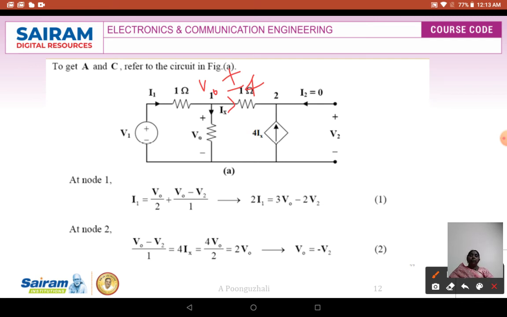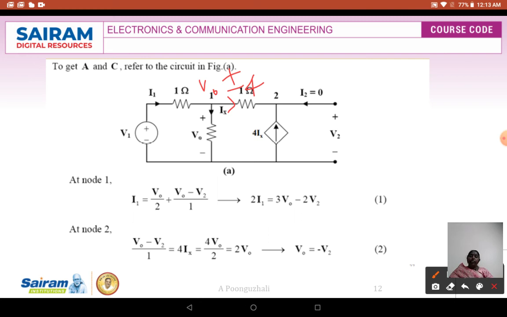At node 2, V0 minus V2 divided by 1 is equal to the incoming current, which is 4Ix, plus I2. Anyway, I2 is 0, so it is 4Ix. Here, if I substitute V2 from the above equation, we can rewrite that equation as 4V0.